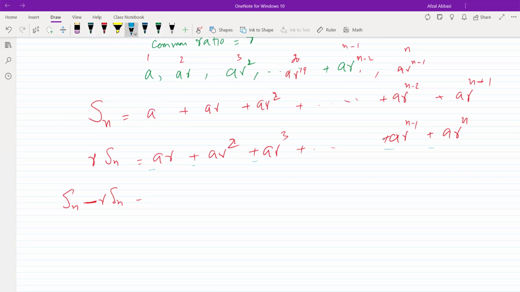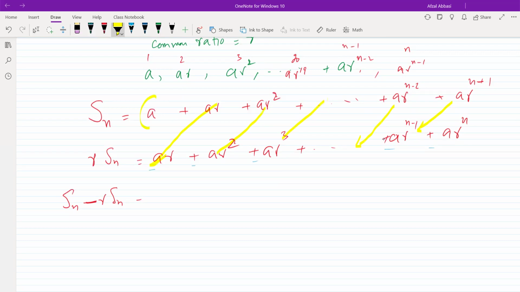Now if you observe carefully, what do you notice here? The second term and the first term are the same here. The third term and the second term are the same here. It goes like that. The second last term will be the same as the previous term, and the last term and the first will be the same as this. So we are getting pairs of terms which are exactly the same.